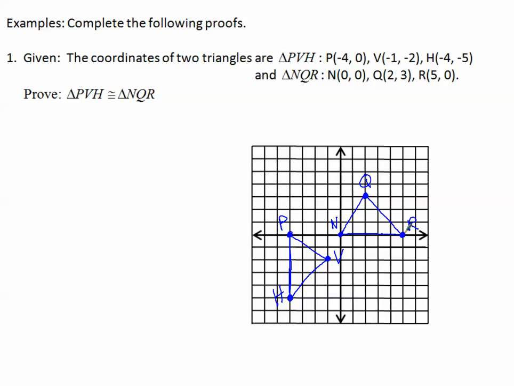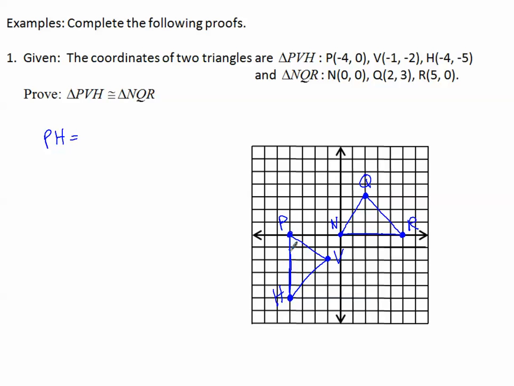We're not given any information about which parts are congruent, but in a coordinate plane, we can find lengths of segments. So we can find these side lengths. Let's start with some of the ones that are easiest to find, like the ones that go right along the grid lines that are just vertical or horizontal, like PH. We can just count the blocks.